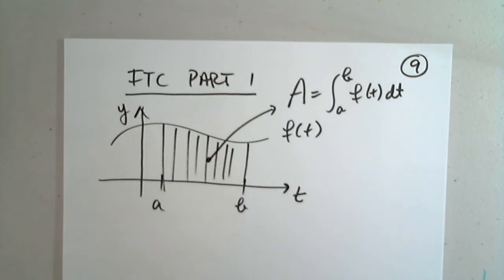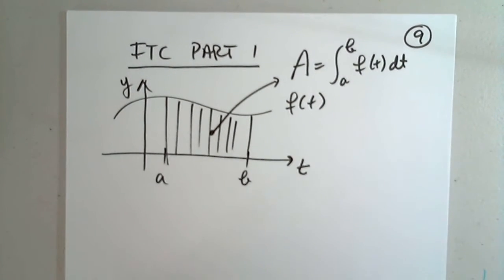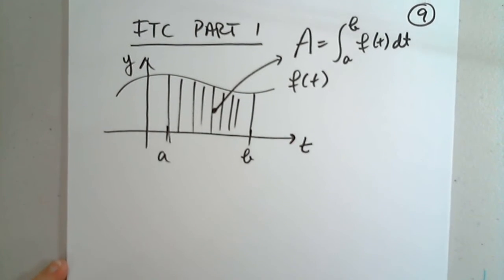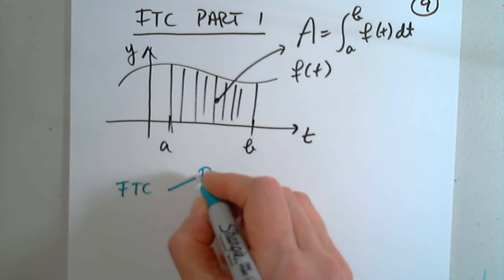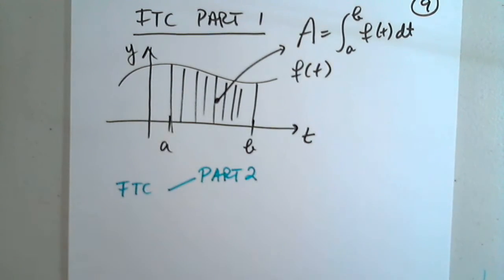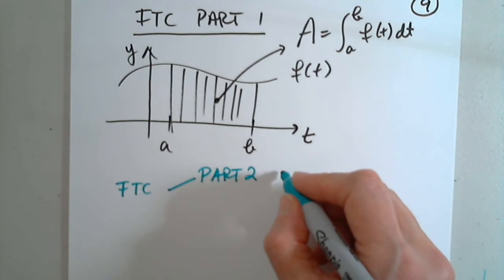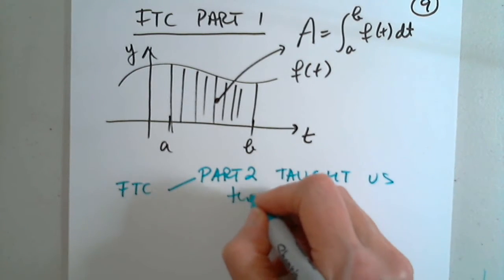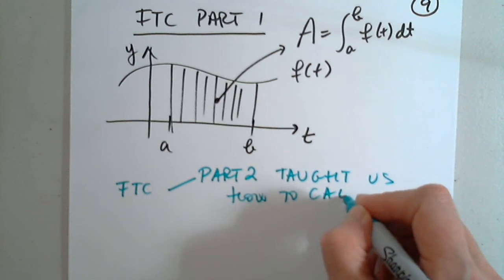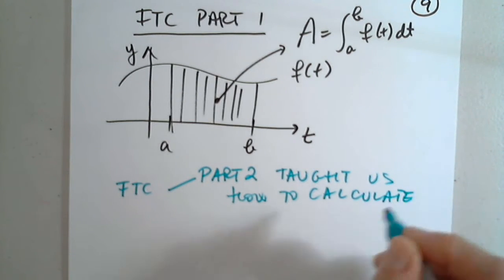So bear with me. I want to write down two things before we continue. So the fundamental theorem of calculus part 2 did what? Taught us how to calculate definite integrals.